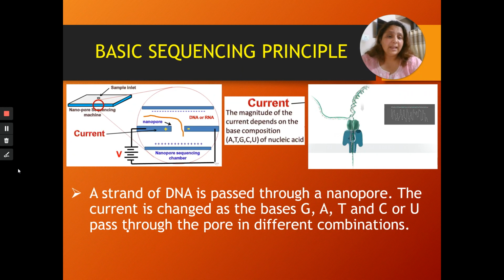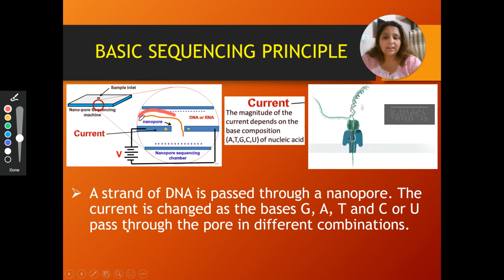So what happens next is that whenever this strand of DNA passes through this nanopore, तो जब भी ये strand इस nanopore के through pass करता है, there is a change in the electric current. Electric current सिर्फ यहीं पे flow कर रहा है. किसमें flow कर रहा है? In the nanopore.